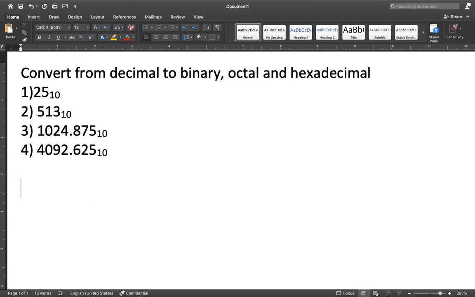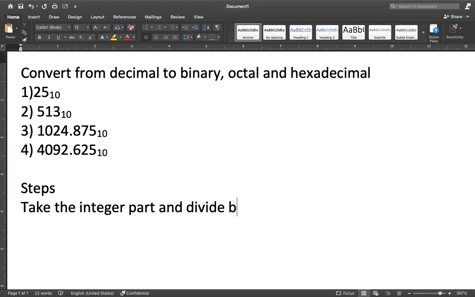Okay, basically, the steps. First, take the integer part and divide by the base. Then find the integer remainder.